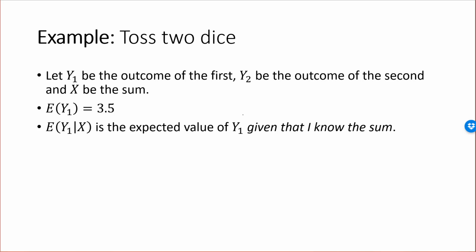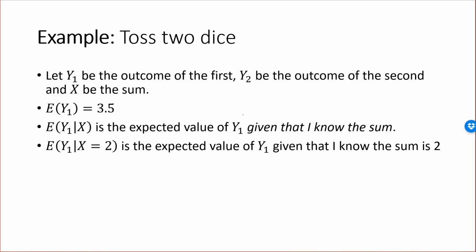For example, if I tell you that x is 2, the sum of y1 and y2 is 2, what would your expected value of y1 be in that case? Well, if you know that x is 2, you know that what happened was that both y1 and y2 came out to be 1. That's the only way that the sum can come out to be 2.